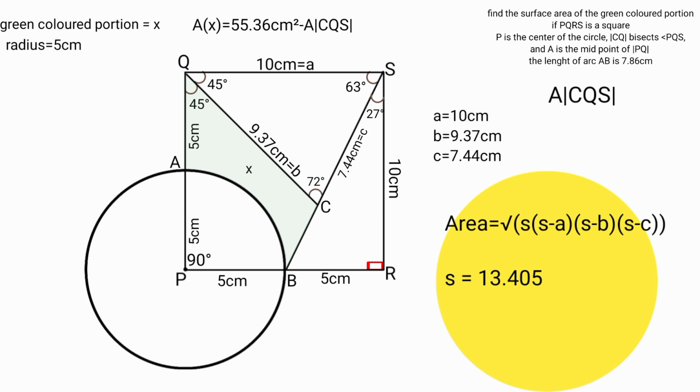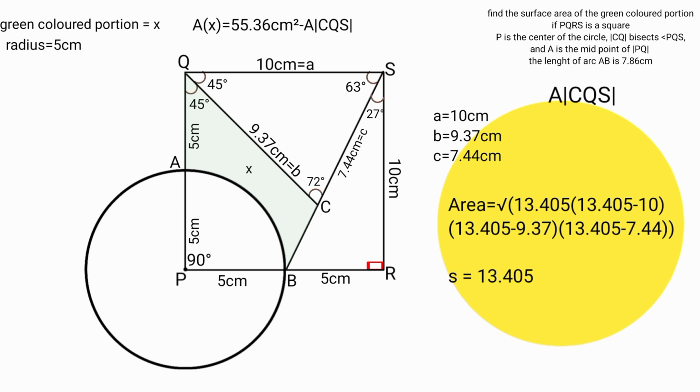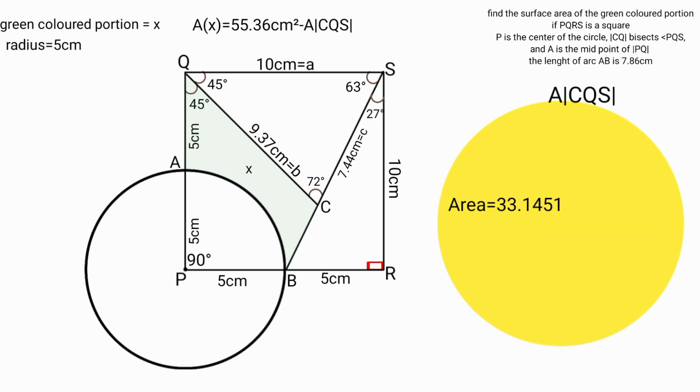So substituting all the values, area equals square root of 13.405 times open bracket 13.405 minus 10, open bracket 13.405 minus 9.37, open bracket 13.405 minus 7.44, which if you press your calculator equals 33.1451, approximately 33.15.